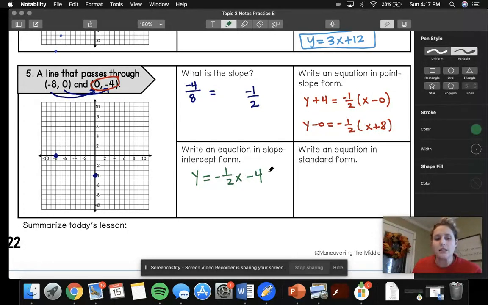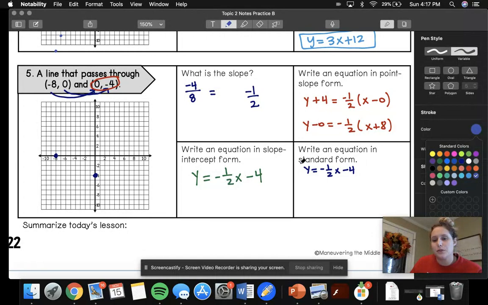Okay. Then the last one is, how do you put this into standard form, which was the very last thing that we talked about in this unit. So I'm going to use slope-intercept form because we did all that work. Okay. You could move the x first, because we want it to be ax plus by equaling c, okay? Or you can get rid of the fraction first, whichever you prefer. I'm going to get rid of the fraction first, so I'm going to multiply everything by 2.